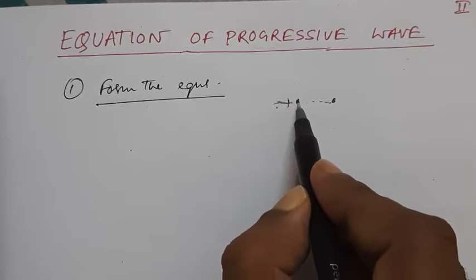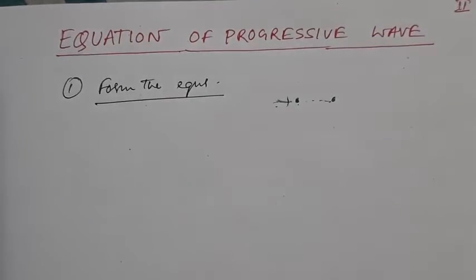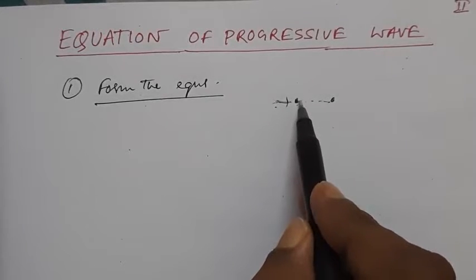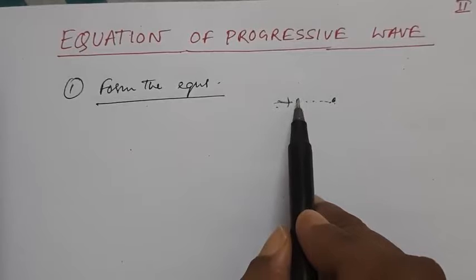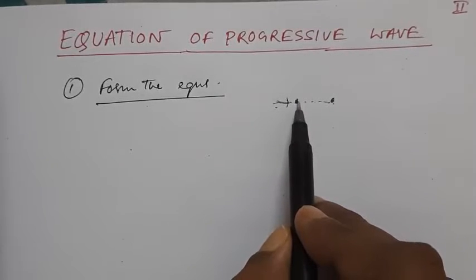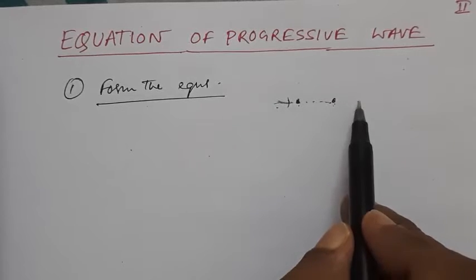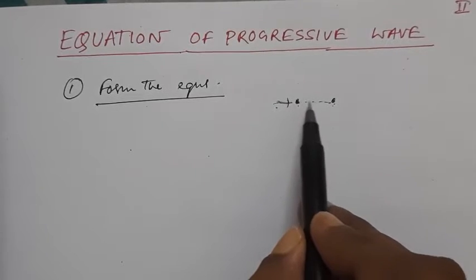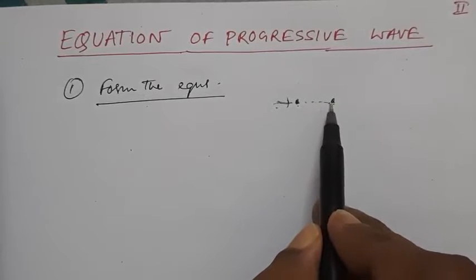Now when the energy arrives, the particle starts to oscillate. The energy just flows from one particle to another till it reaches the next particle. That means when this particle has started its oscillation, this other particle was still at rest, because time is needed for the energy to flow from this particle to that particle, covering this distance.